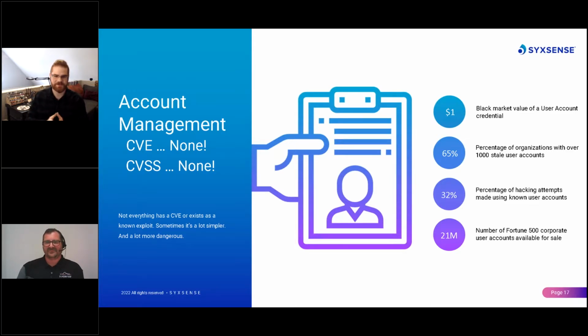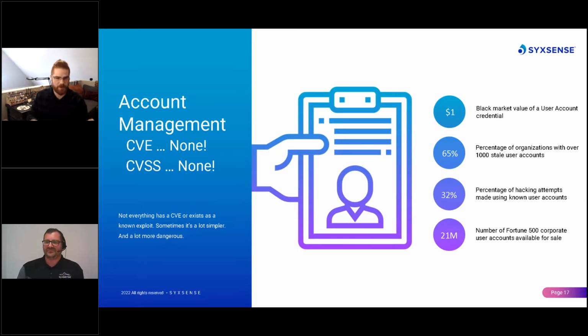So on average, most companies have somewhere between 100 and 1,000 stale user accounts still present in their domain. That's up to 1,000 potential opportunities for a threat actor to buy their way into your space. Today, 32% of all cybersecurity attacks are implemented with known user account permissions as the initial compromise.